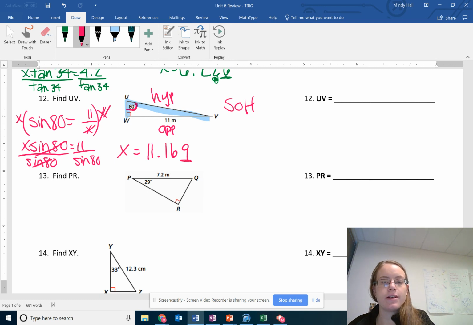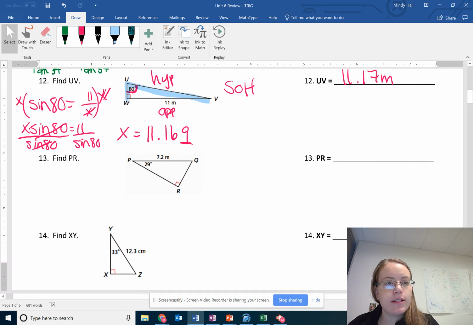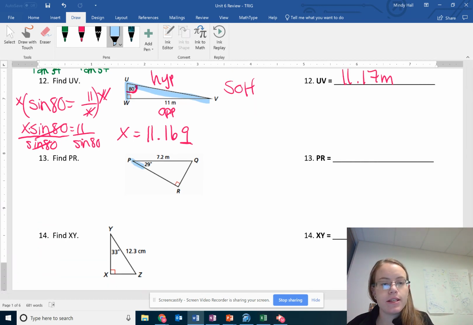So then this 9 tells us we need to round up. So instead of 11.16, it is 11.17.